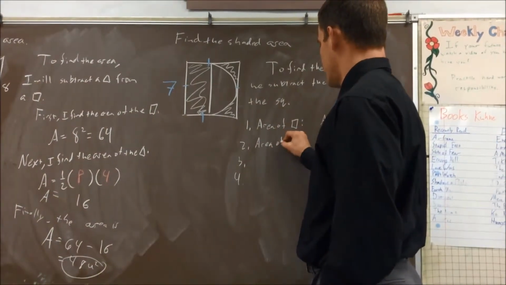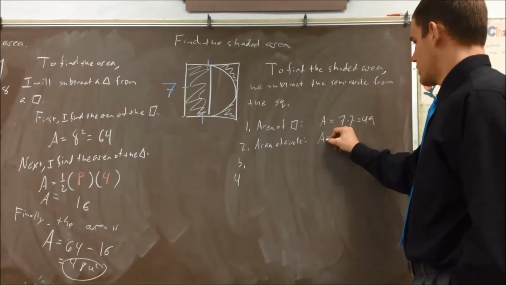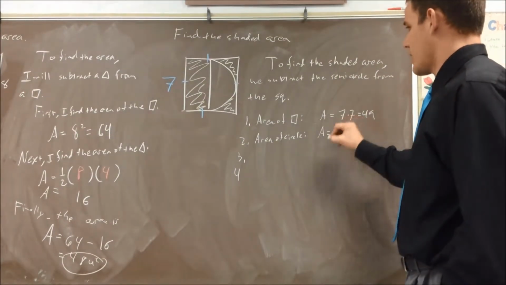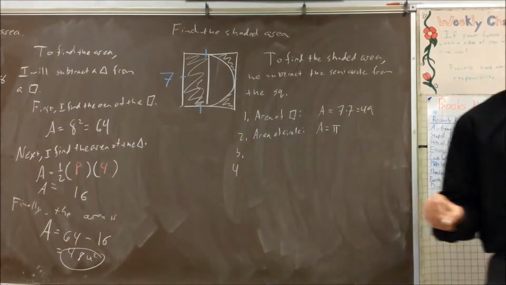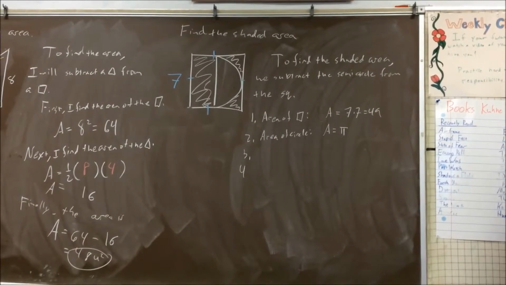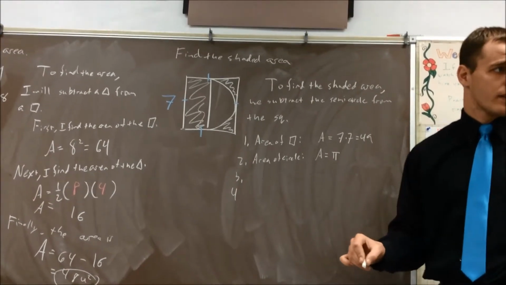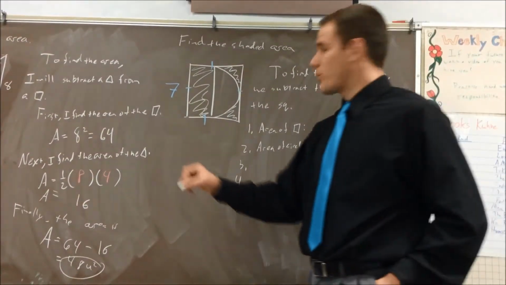Area of circle. Pi. Ooh, what's the radius of this thing going to be? They didn't tell us the radius. Do we freak out and quit? No, of course not. What's the radius that's going to be? 3.5, thank you, sir.